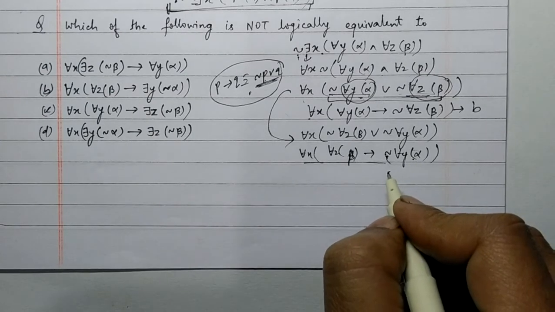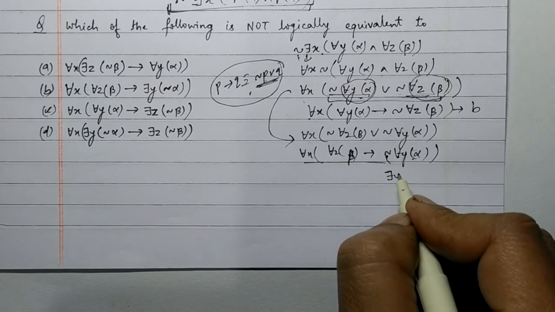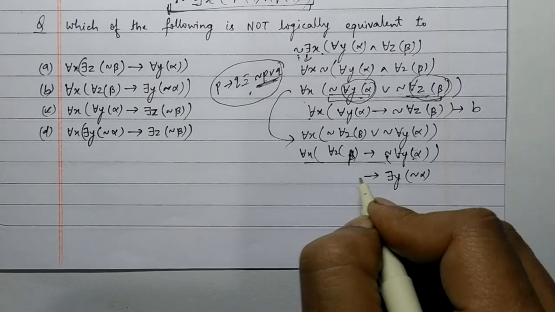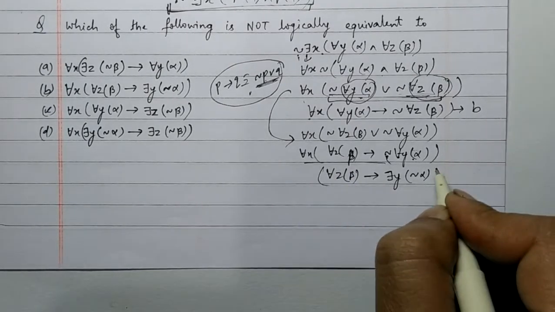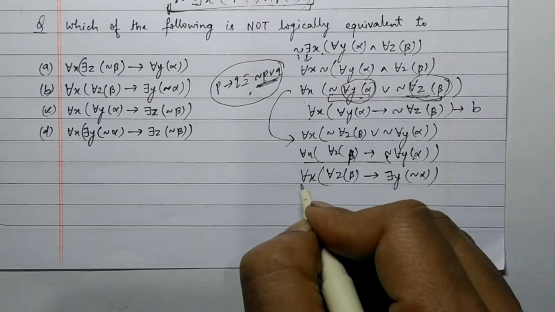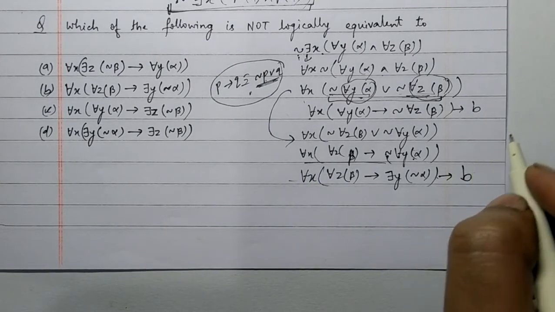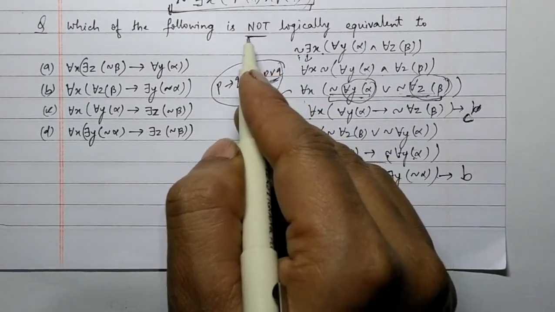This for all becomes there exists y not alpha, implication for all z beta, whole for all x. Now this will become option B. This is actually option C, which is not logically equivalent.